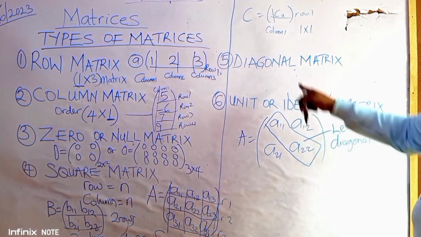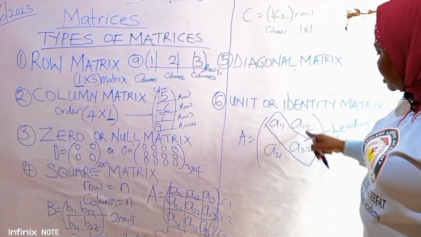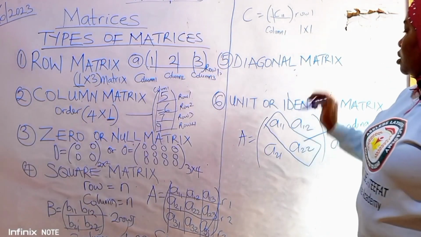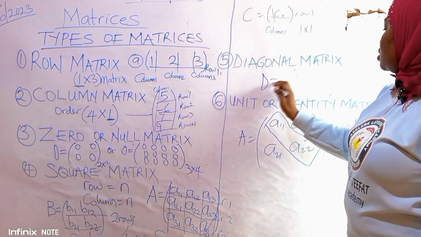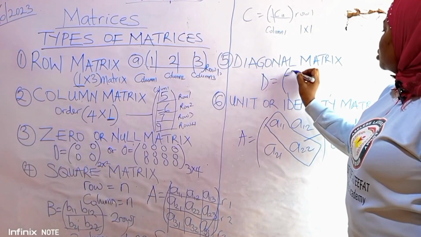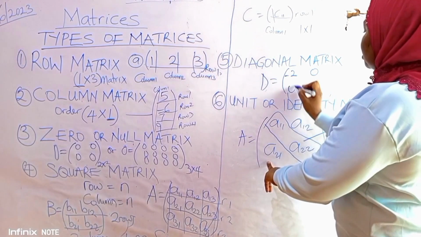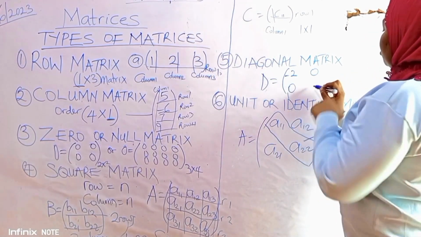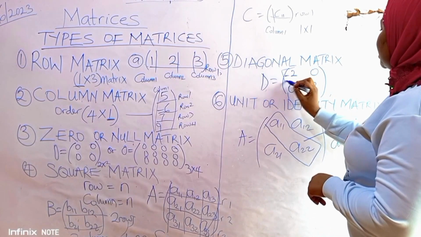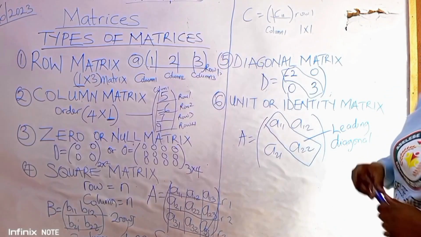To be a diagonal matrix, every other element here will be 0 except those that are in the leading diagonal. So D is equal to, let's say, the first element here is -2, 0. Here will be 0, and this also will be 0. So here, let's say 3. So you can see that the leading diagonal elements are not 0.